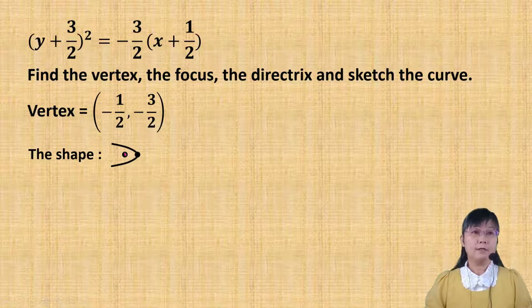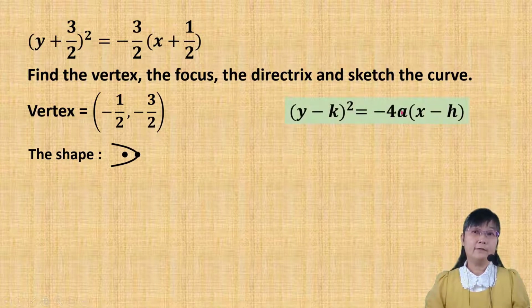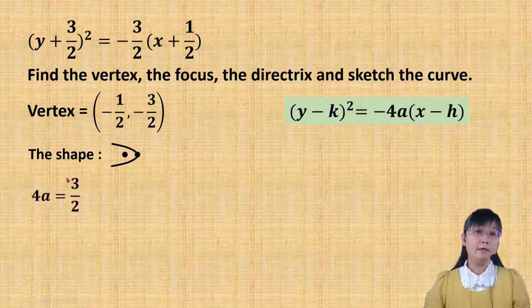Before we can find the coordinates of the focus, we must know the distance between the vertex and the focus. The distance between the focus and the vertex is a. When we compare the equation of the parabola with the standard form, we can see that 4a is equal to 3 over 2. Based on this, we can calculate that a is equal to 3 over 8.